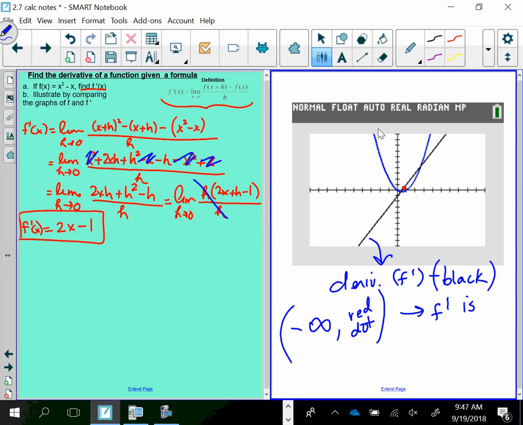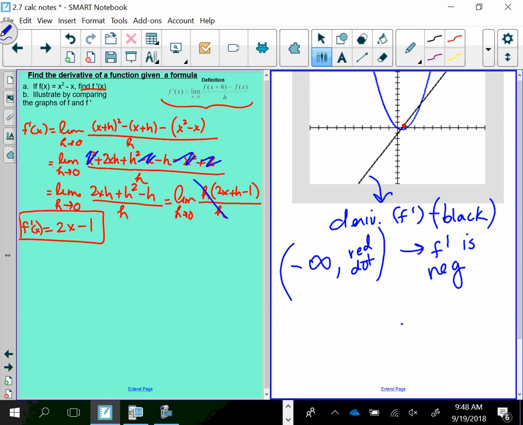The black one. Negative. Okay? Don't say increasing, because it's all increasing. So what do you know about from the red dot to the rest of the graph? So f prime is positive.